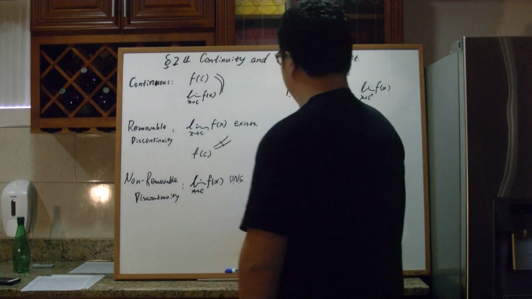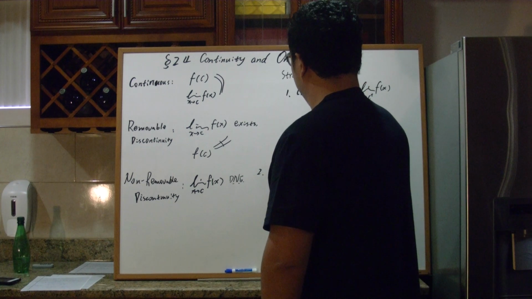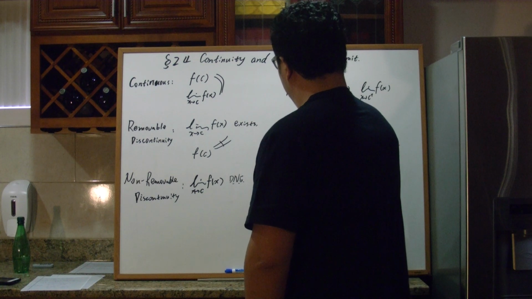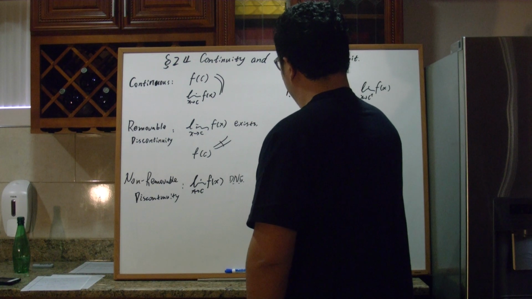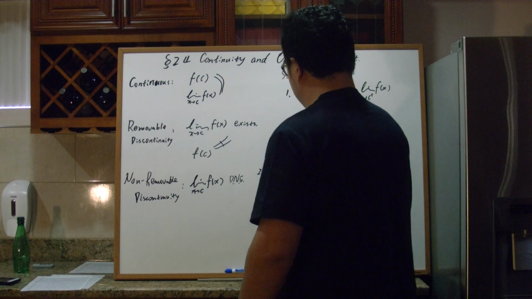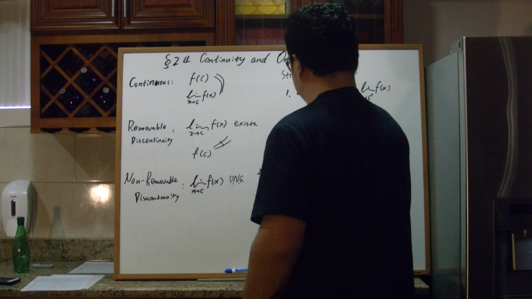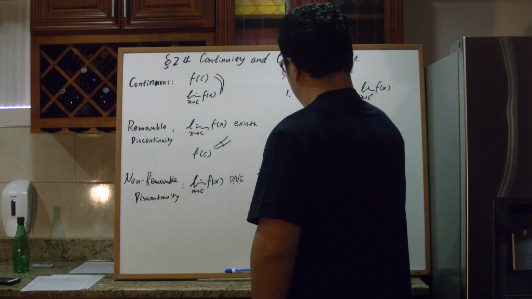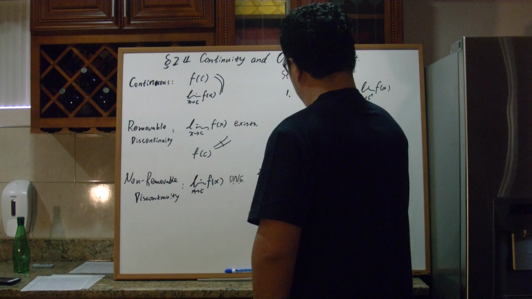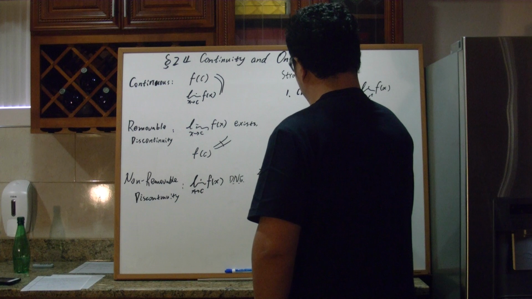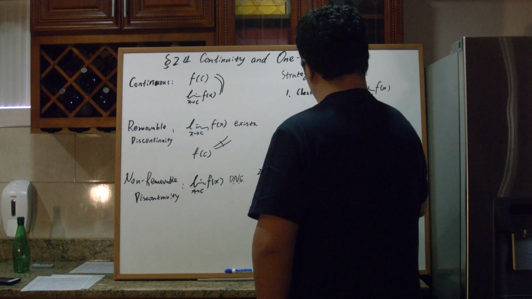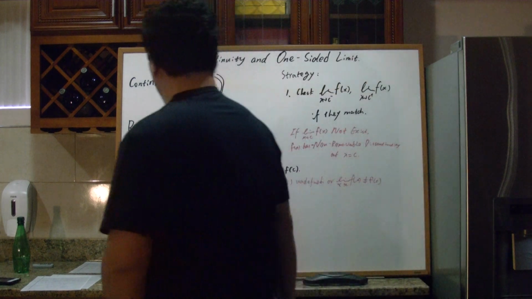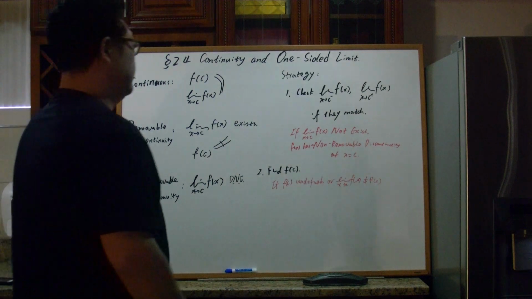Then the second step, we check f of c. If f of c is undefined, or the limit we found is not equal to the function value, then we have a removable discontinuity.